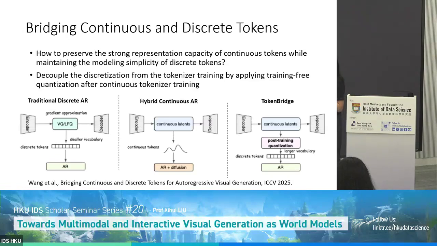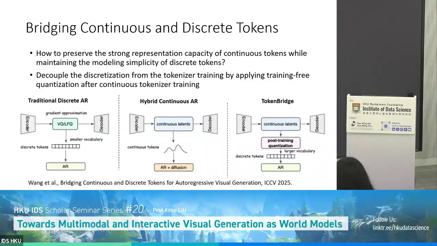In previous approaches, on the left, we show that in, for example, a VQ tokenizer, the discretization and the tokenizer are trained together jointly. The middle one shows using an additional diffusion head to model the continuous tokens. And the right one shows our approach.